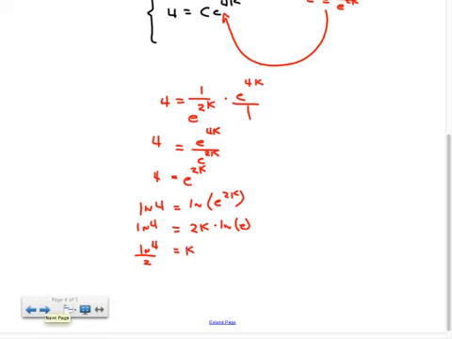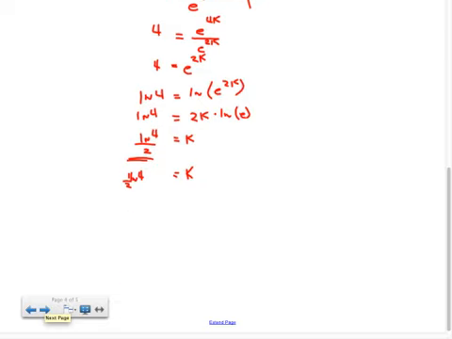By the way, this could be rewritten, and probably should be rewritten, as 1/2 ln 4. The 1/2 then can go as an exponent on the 4 by the properties of logarithms. So this is really ln of 4 to the 1/2, and ln of 4 to the 1/2 is ln 2. Okay, so there's my k.